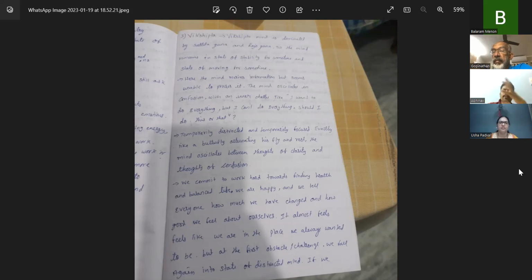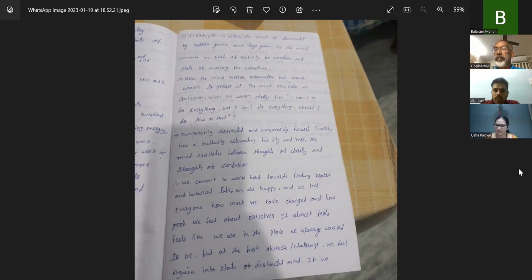So always the mind will be oscillating between that thought of clarity and thought of confusion. What is this mind? Sattva is there. So what do we do? We will be focusing for some time. As Rajoguna is also dominant, what do we do? The distraction will be there.